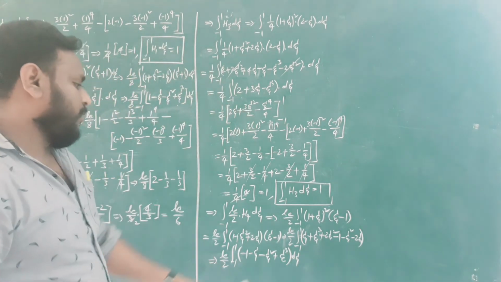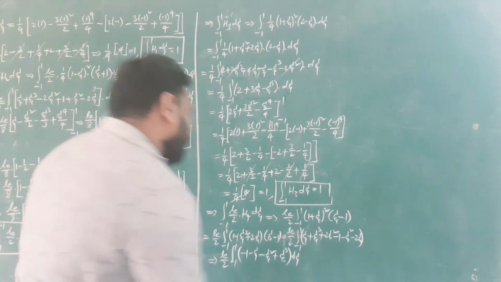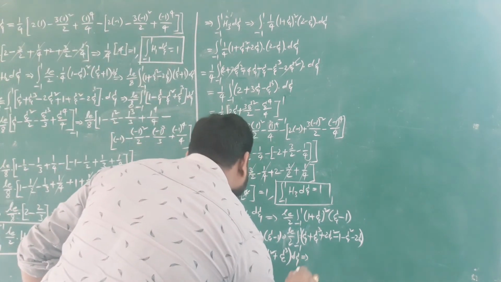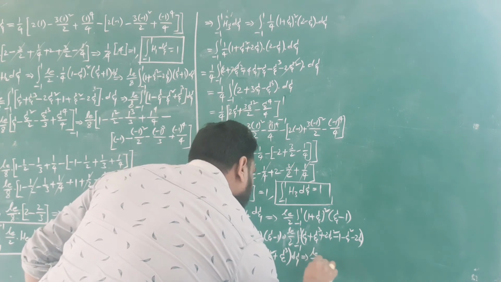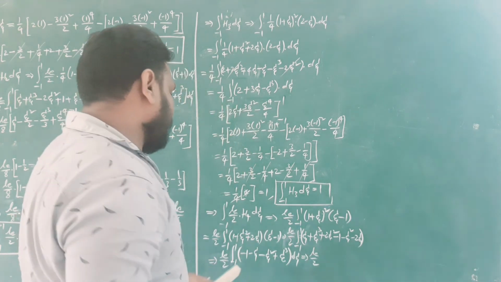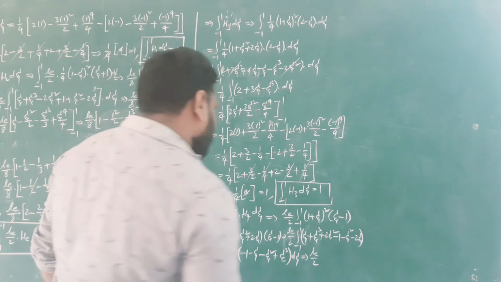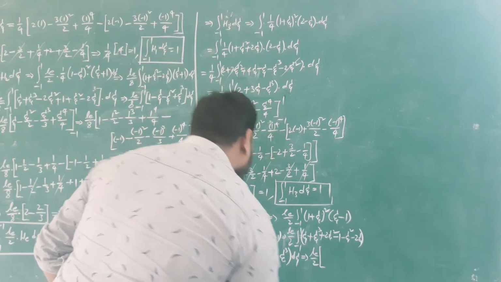So integrate them. After integration, le by 2 of the integral: minus 1 integration is minus j.